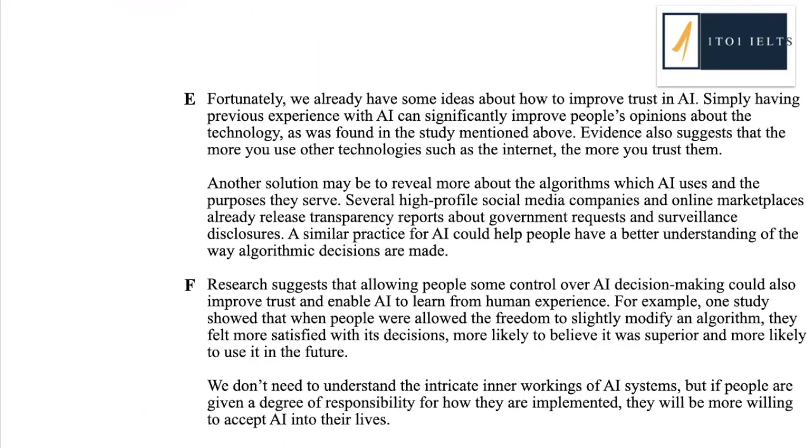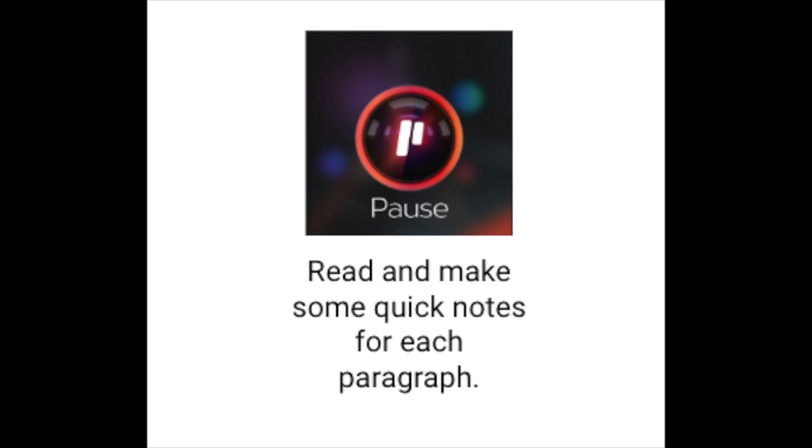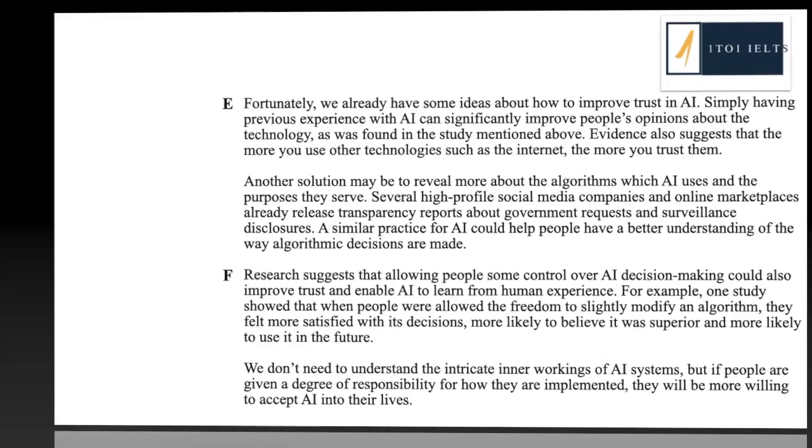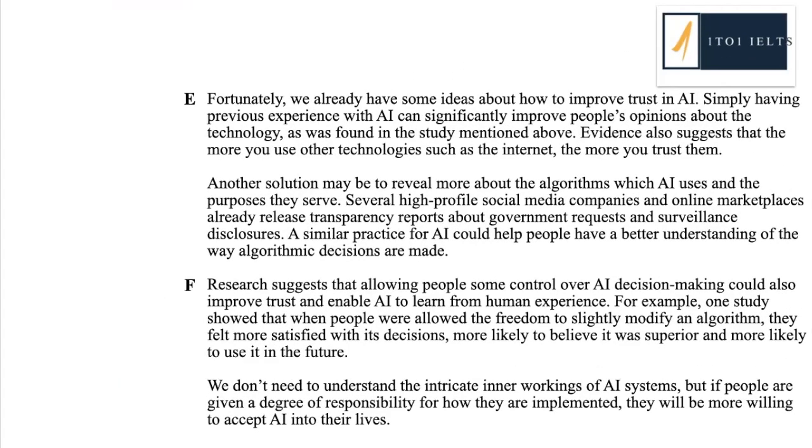Here we have sections E and F. Pause the video, make sure that you write down some notes. After you pause the video, I will show you my notes. So please pause the video now. Welcome back. Here are my notes.